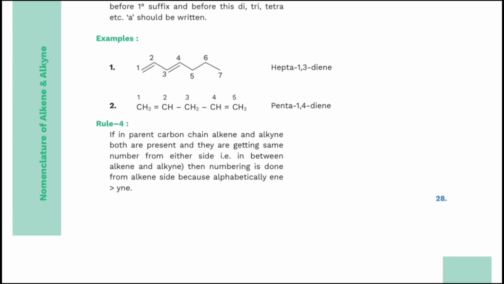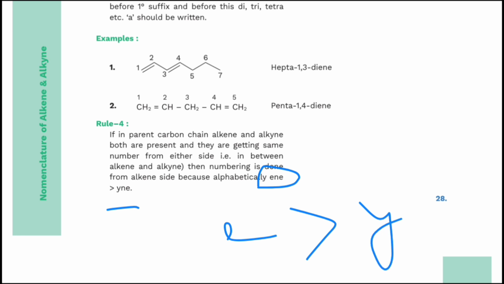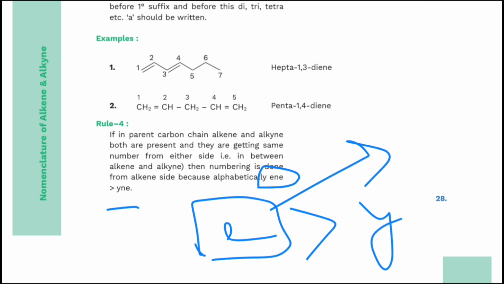Okay, rule number 4: if in a carbon chain alkene and alkyne both are present at the same position from either side, then numbering starts from the alkene side, because alphabetically E is before Y. So alphabetical order will be preferred, and numbering starts from that side where the alkene is present.